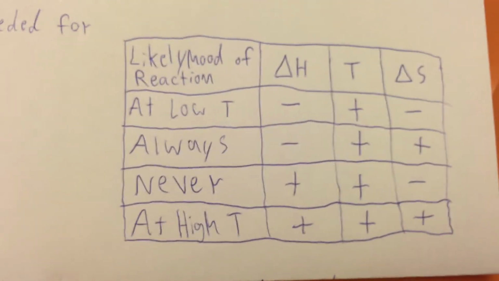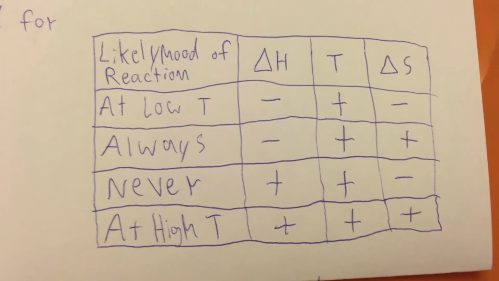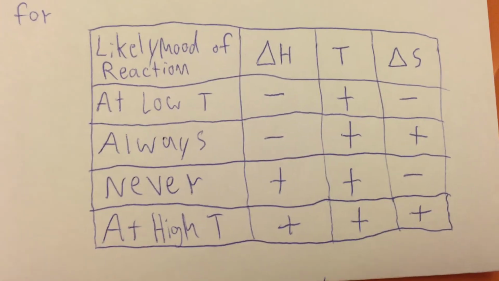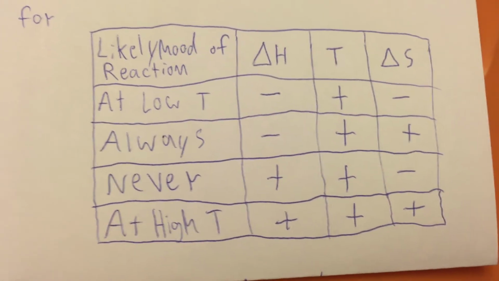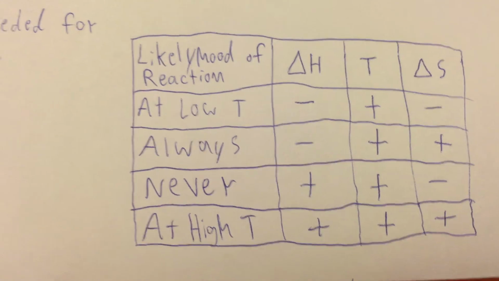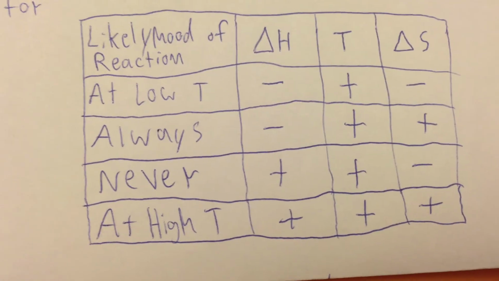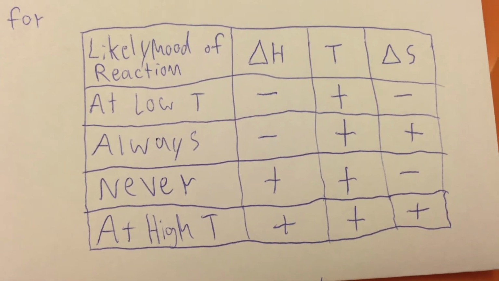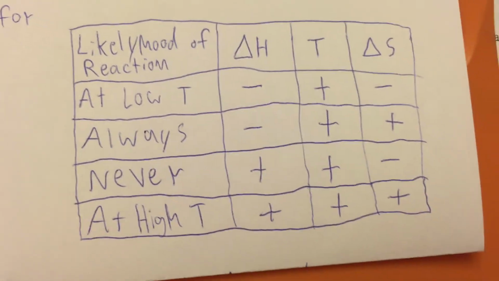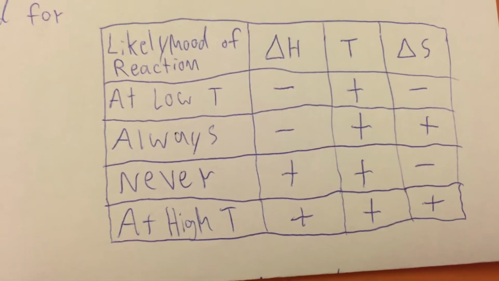Because think of it like this: the reaction needs a small amount of energy to happen, and there's a lot of energy in abundance from the entropy. So therefore it has a lot of supply, little demand, and it's easy for it to happen.